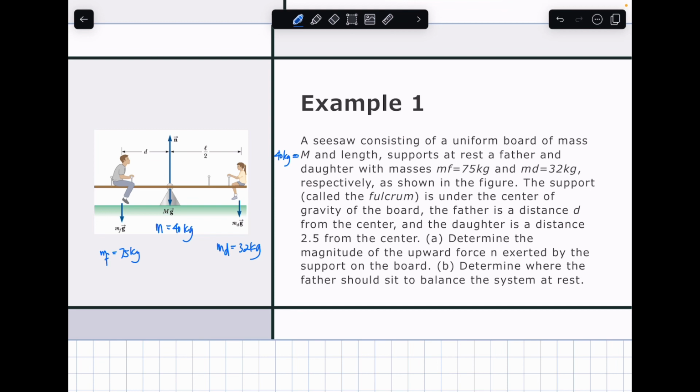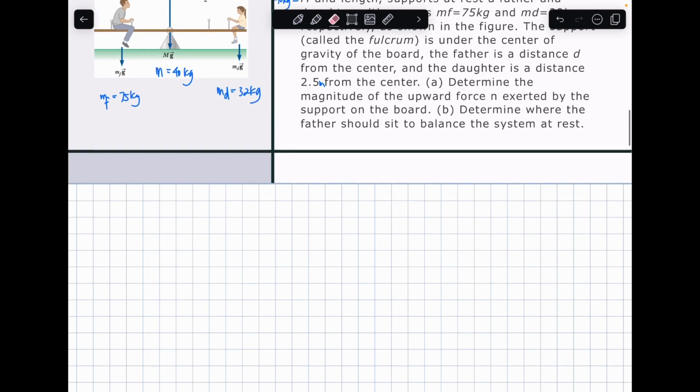The father is at a distance d from the center, and the daughter is at a distance of, let's say, 2.5 meters from the center. Determine the magnitude of the upward force N exerted by the support on the board, and determine where the father should sit to balance the system at rest.